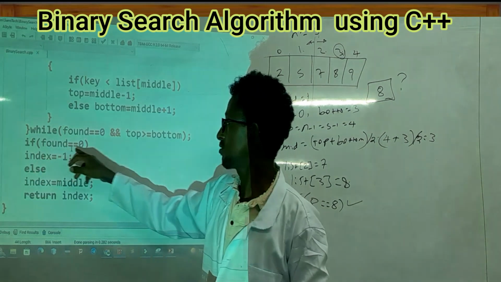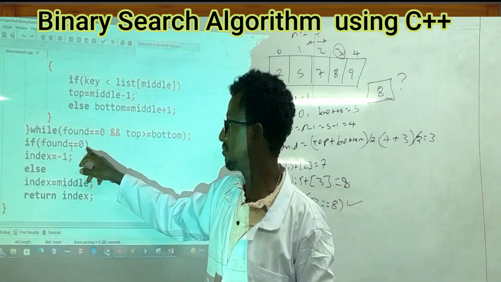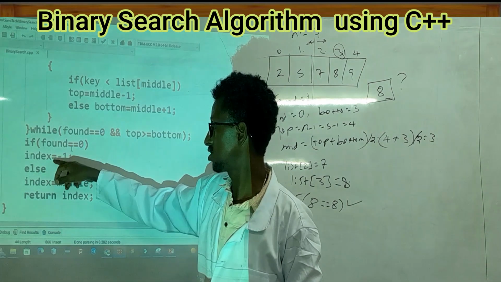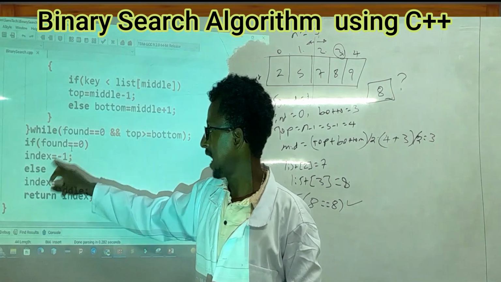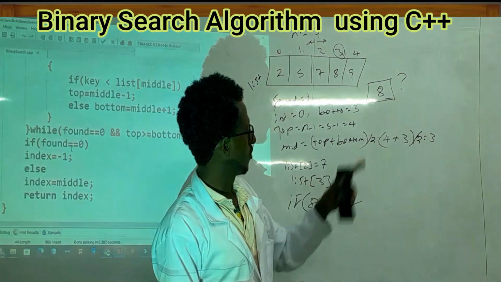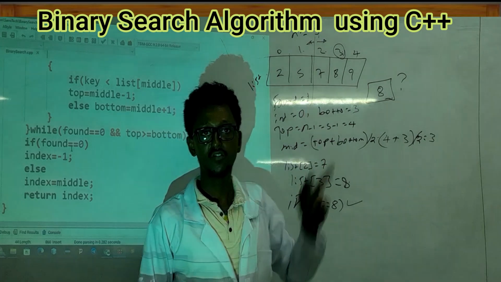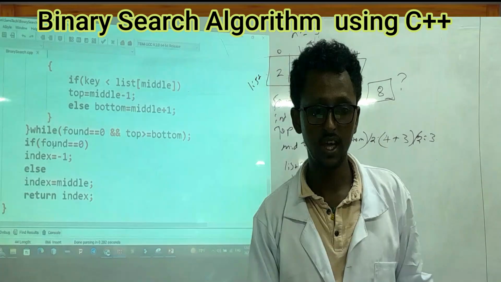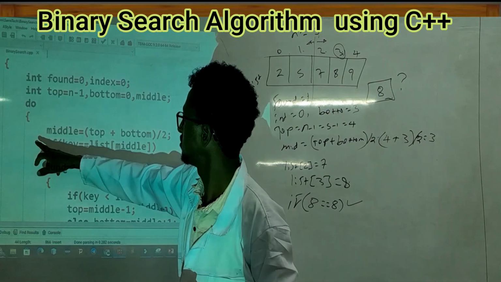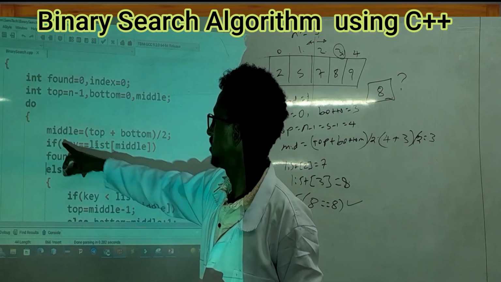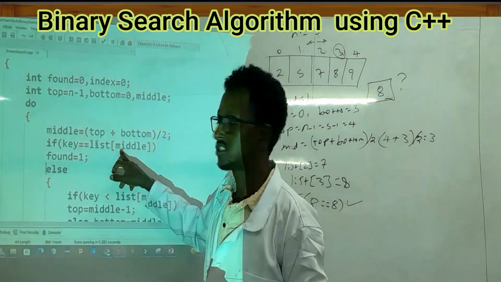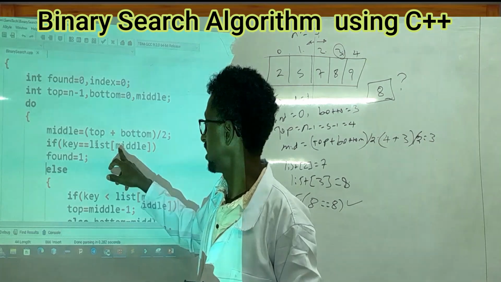Therefore, if found is equal to 0, wrong, so we skip to index equal to minus 1. That applies only if this is true, unless found is 1. As I showed you here, found is changed to 1 because the if statement is true here. That means the key matched the middle element of the list, the third index of the list.